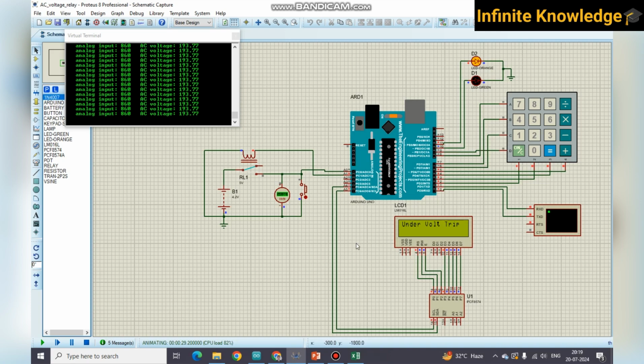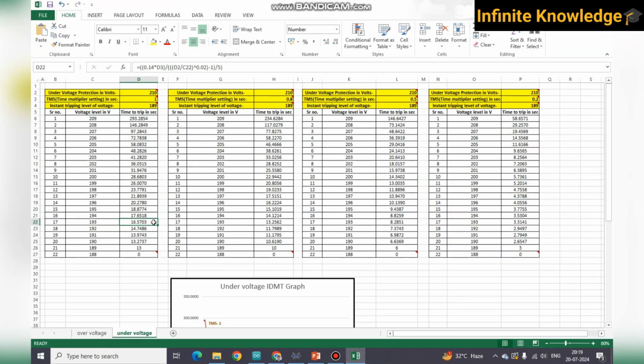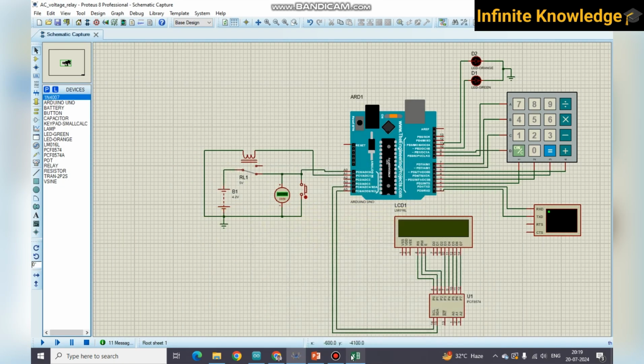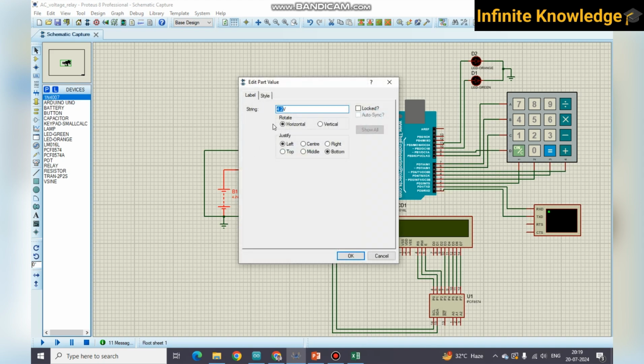You can see here exactly 28, which means after 16 to 17 seconds we are getting the output, which is very near to our actual calculation. So this is how the system is working, and you can create the over voltage scenario also.